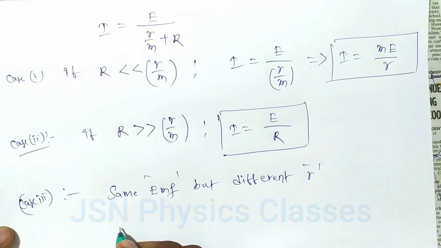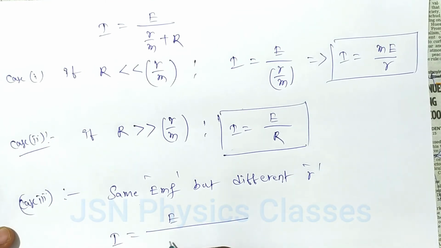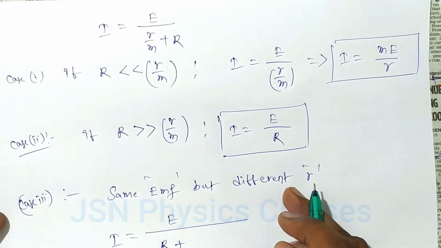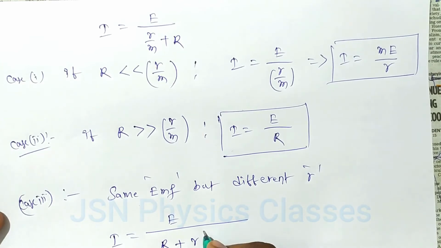Here the current I is equal to E by the total resistance, that is R plus RP, where RP means the resultant resistance of the parallel circuit.